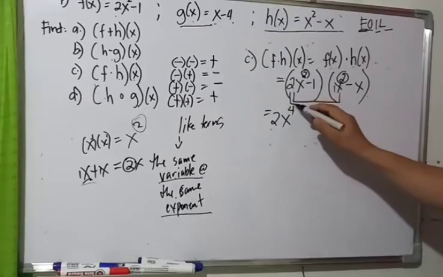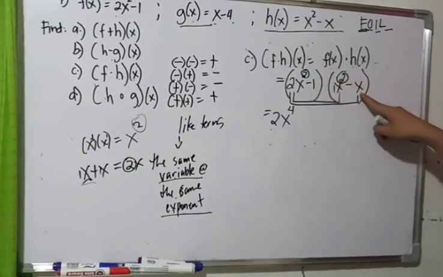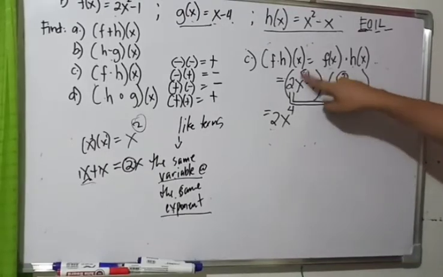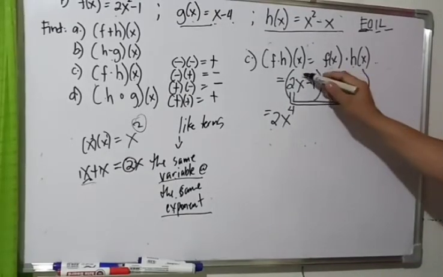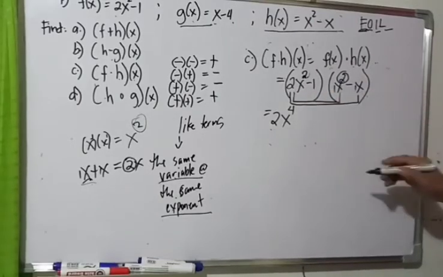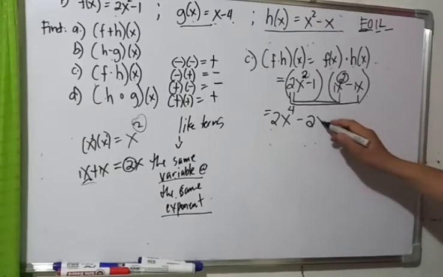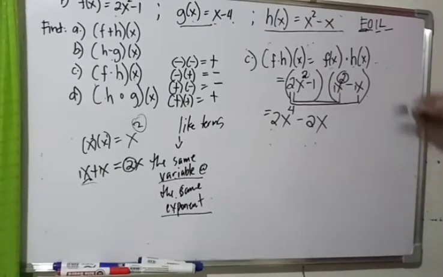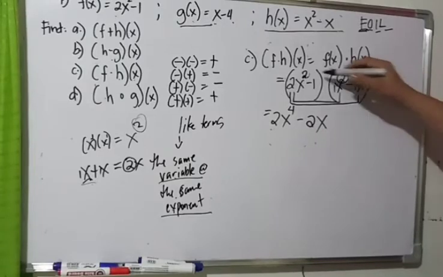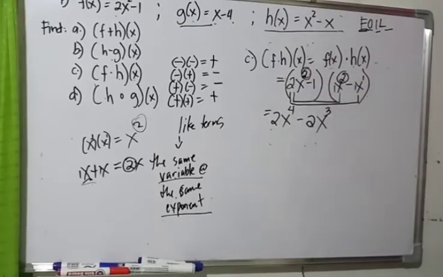Okay, next, first na tayo. Then outer, ito 2x squared times negative x. So 2 times negative 1, so that is negative 2. Kopyahin natin yung variable, that is x. Then ang exponent nito is 1, then dito is 2. I-add natin yan, so that is 3.